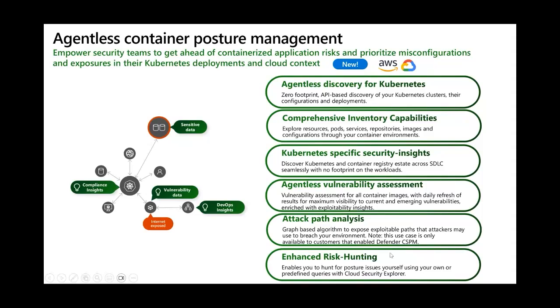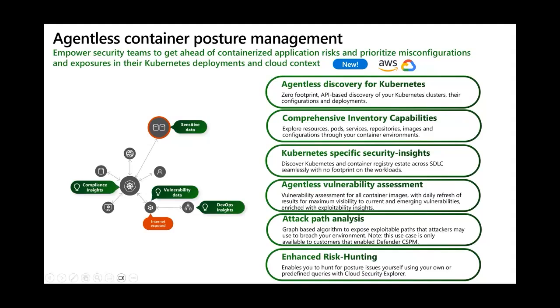And then the last thing here is enhanced risk hunting. So with all the information that we've collected here in the agentless discovery for Kubernetes and the agentless vulnerability assessment scanning, we display that information with the Cloud Security Explorer and allow you to query our context engine using out-of-the-box templates, as well as creating your own queries.